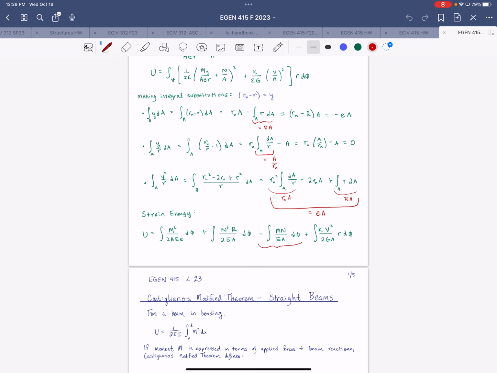Are these values for moment and shear evaluated at their maximum or at the point of interest? Are we looking at strain energy typically over the whole system? Yeah, over the whole system, right?